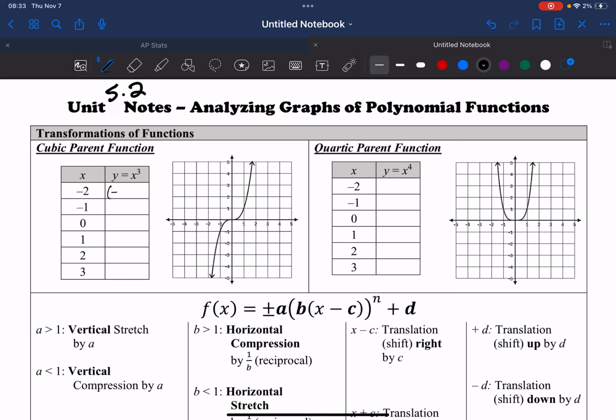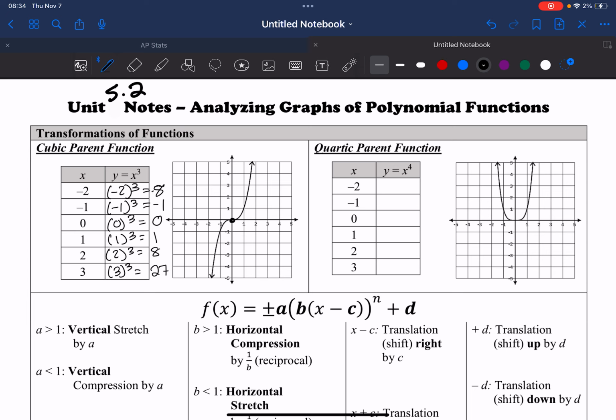So we have -2 cubed, which is -8, -1 cubed, which is -1, 0 cubed is 0, 1 cubed is 1, 2 cubed is 8, and 3 cubed is 27. Notice that this parent function of a cubic crosses through the origin at 0, 0.